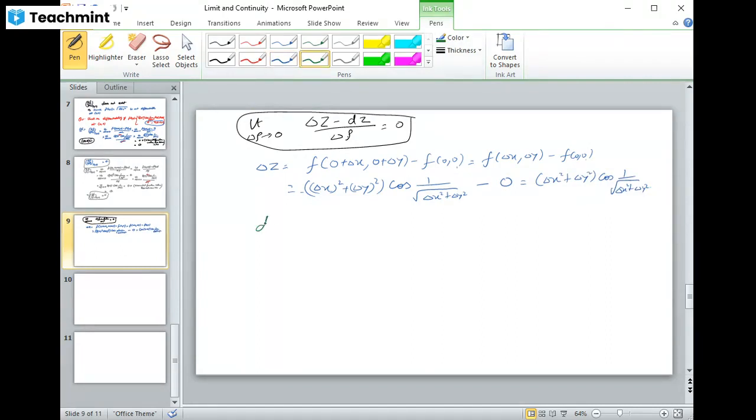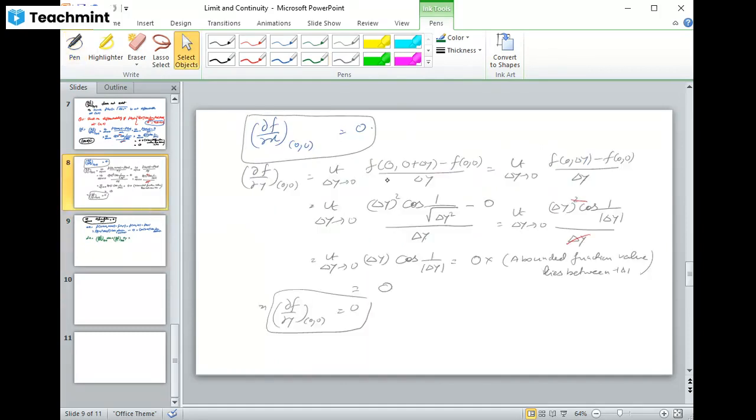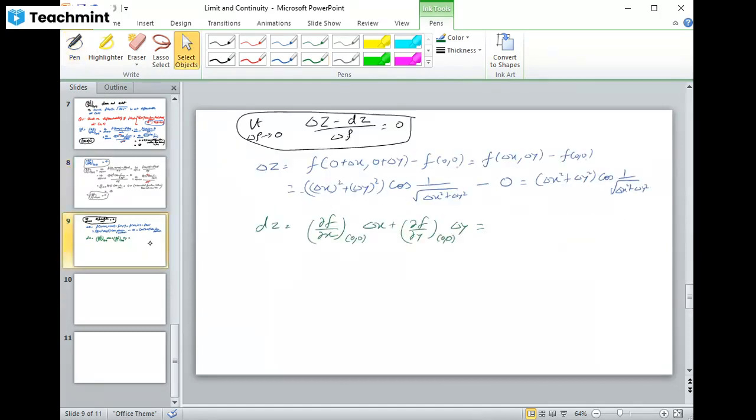Now, what is dz? dz is curly f upon curly x at the point x naught, y naught, which is 0, 0, times delta x, plus curly f upon curly y at the point x naught, y naught, times delta y. Basically, this is the definition of the total derivative. And we have already calculated the partial derivatives at the point 0, 0; their value comes out to be 0 only.